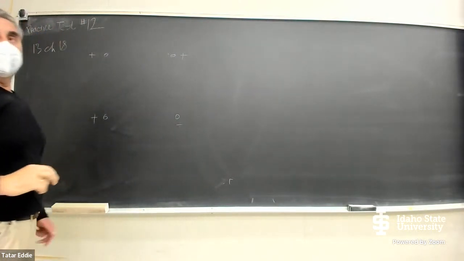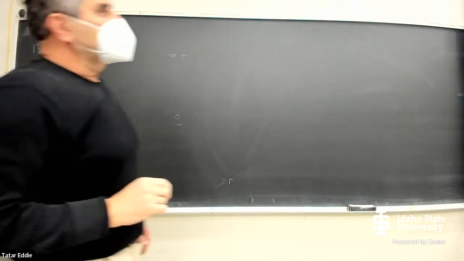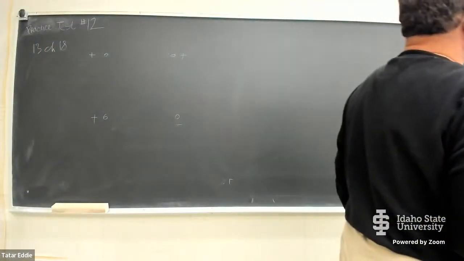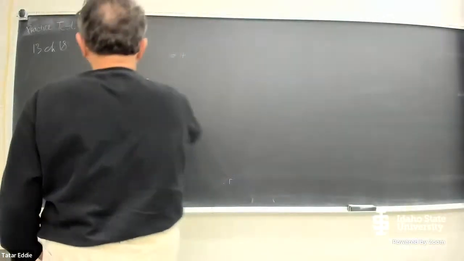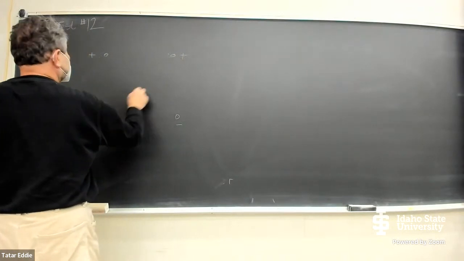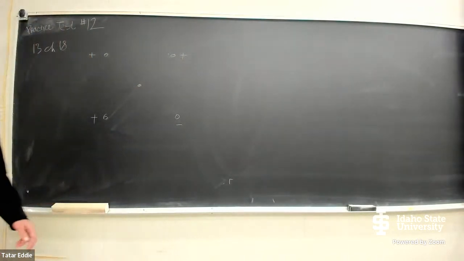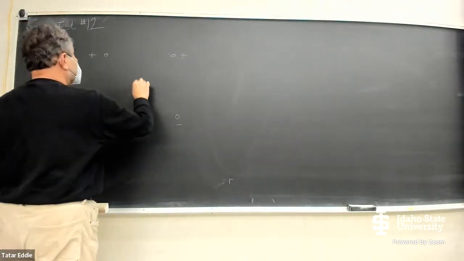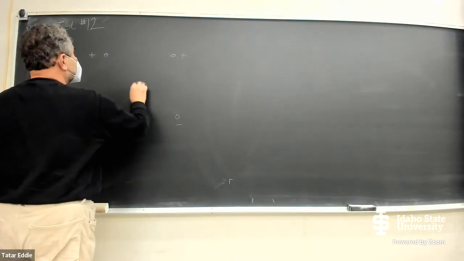All of them with magnitude Q. And they ask the electric field at the center. The center of the square is the place where the diagonals intersect. So this is the point of interest right here.